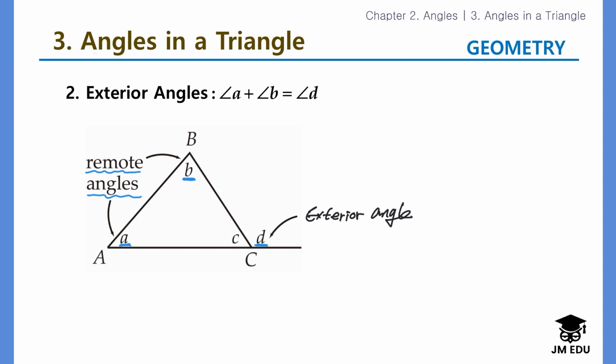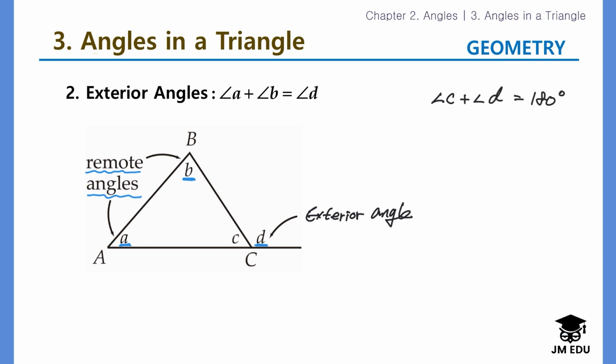This is a straight line, right? So the sum of these two angles, they're supplementary. The sum of these two angles has to be 180, right? So angle C plus angle D is equal to 180.